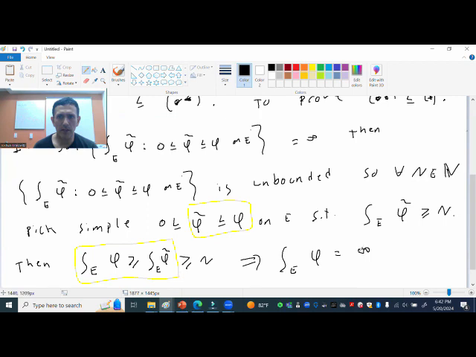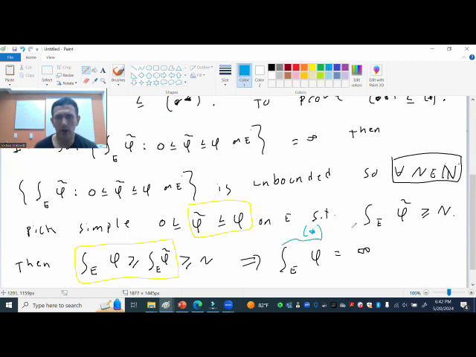So that means this has to be infinity, because this is for all natural numbers n. We just picked an arbitrary natural number n, and we proved the integral of phi over E is bigger or equal to that n, so this has to be infinity.